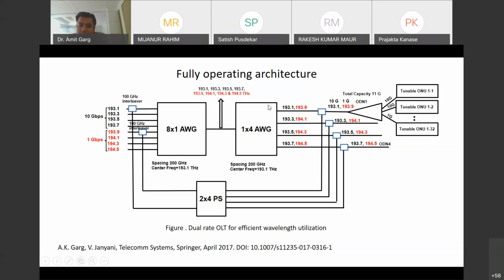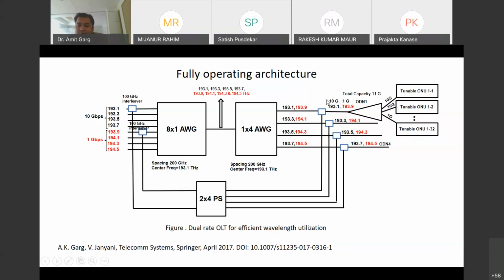Okay, and reliability is also there. And suppose the 1 Gbps transmitter is working at some particular instant of time, this 193.9, the fifth transceiver, is failed, then we can continue the services on 193.1.